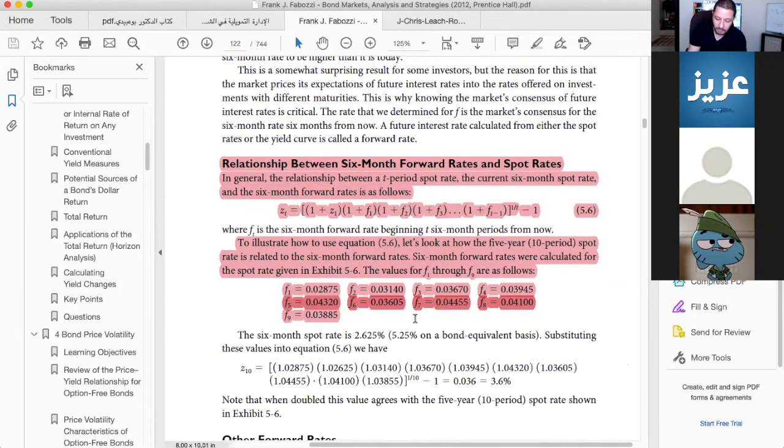So now let's push the analysis forward, right? Until now we have seen how to compute the forward rate for a period of 6 months over 1 year. Now let's see if we can use it for a wider time horizon. In general, the relationship between a T period spot rate, the current 6-month spot rate, and the 6-month forward rates is as follows.